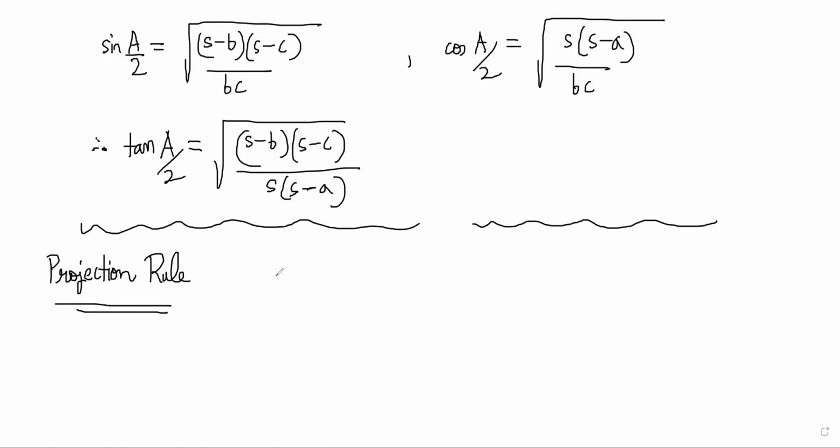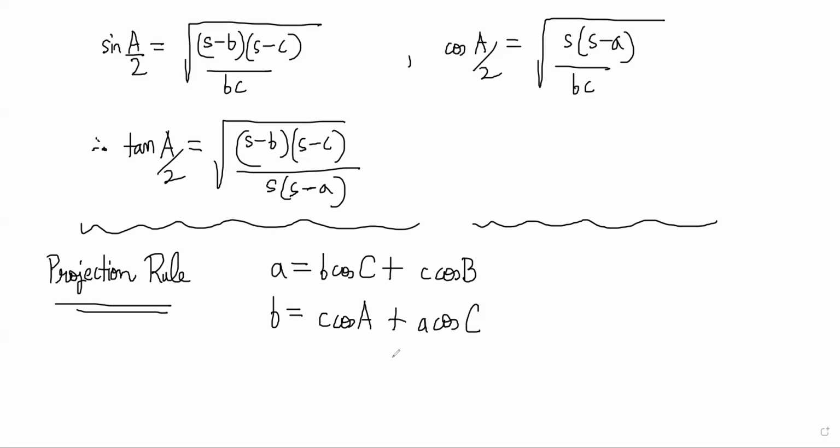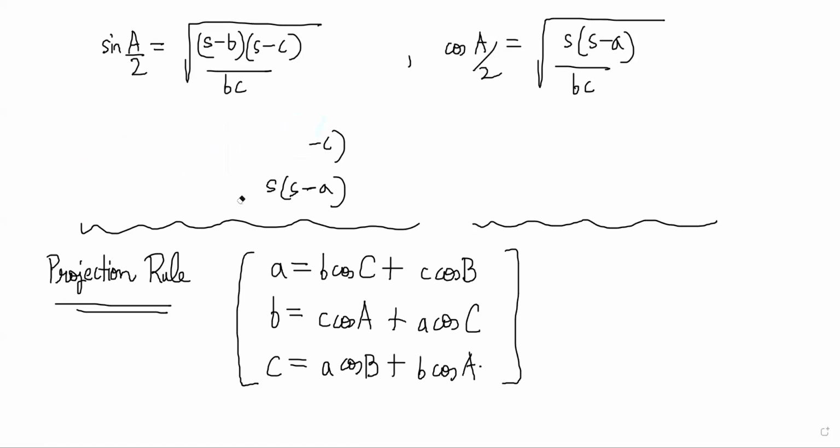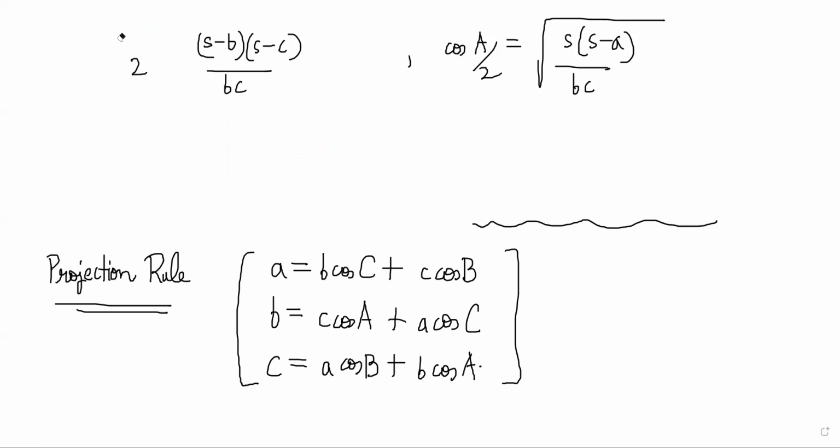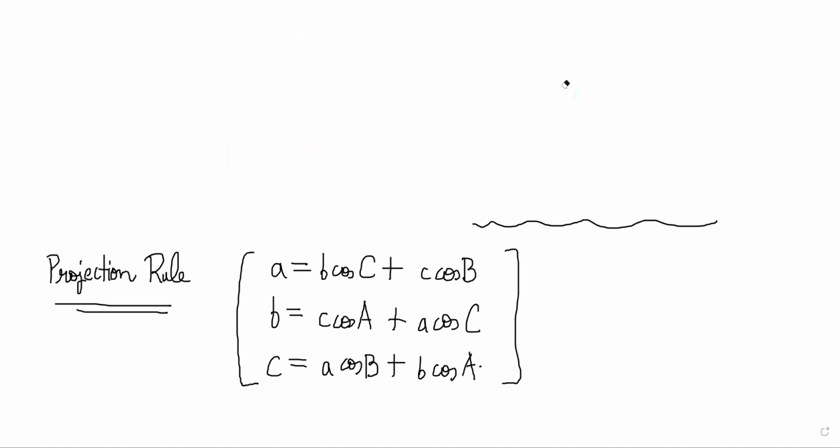So the rule that a is equal to b cos C plus c cos B. And similarly, b will be c cos A plus a cos C. Similarly, c will be a cos B plus b cos A. How am I writing these results? We will show the proof here. So pay attention. You need to understand what is happening. It's very easy actually.